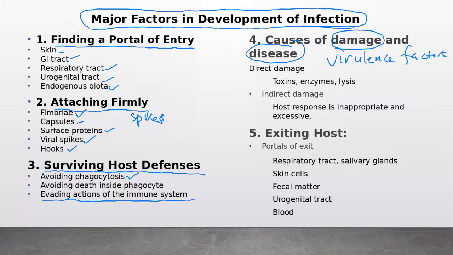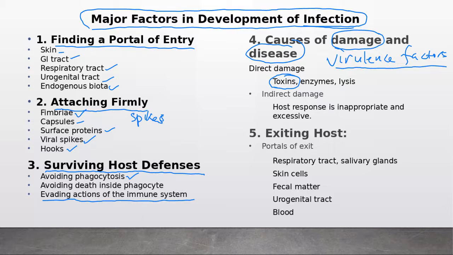Okay, so virulent factors are factors, mostly chemicals, produced by the microorganisms to damage the host tissue. So some virulent factors are like toxins; some bacteria or microorganisms actually produce toxin to damage the host tissue.